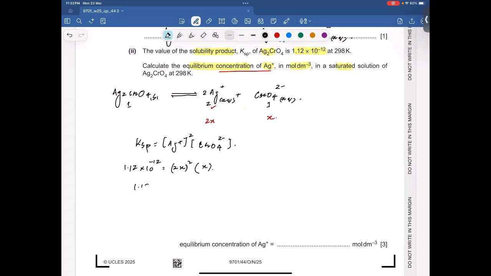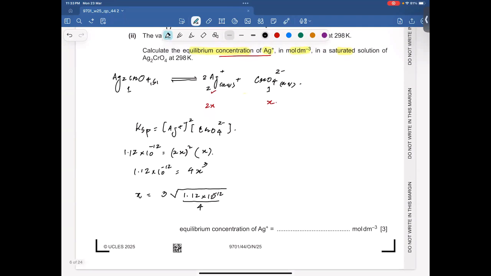So 1.12 into 10 to the power minus 12 equals 4x cube. So to get the value of x, we need to take out the cube root of this value. So it's going to be 1.12 into 10 to the power minus 12 divided by 4.